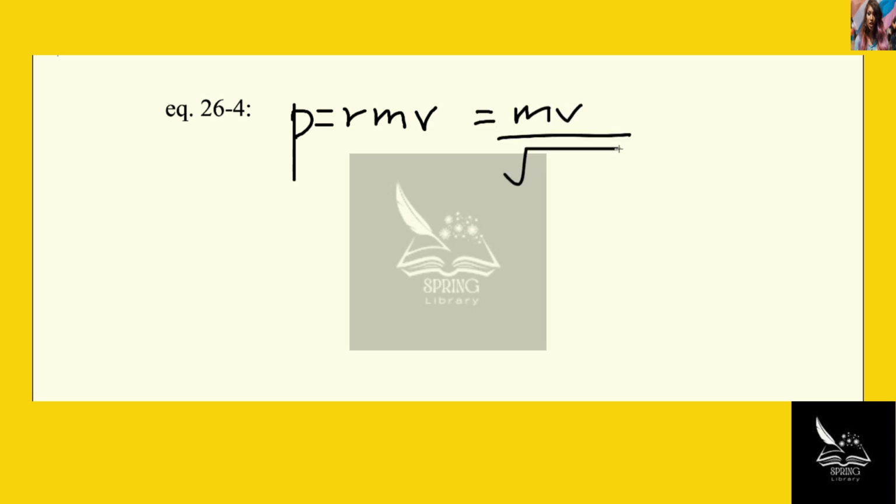And this is that p equals gamma mv, or mv over square root of 1 minus v squared over c squared, m being the mass of the proton, v being the velocity at which it moves.